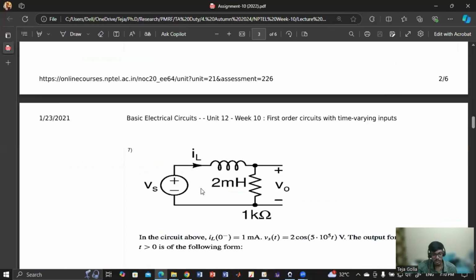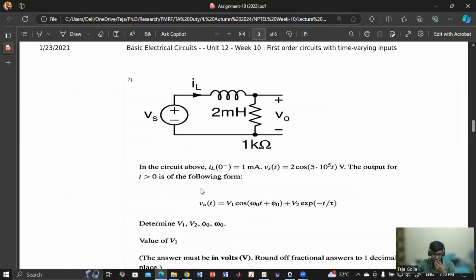So any doubts until these two questions we have discussed today? Any doubt in these two questions? Anyone before we proceed further? Any questions?